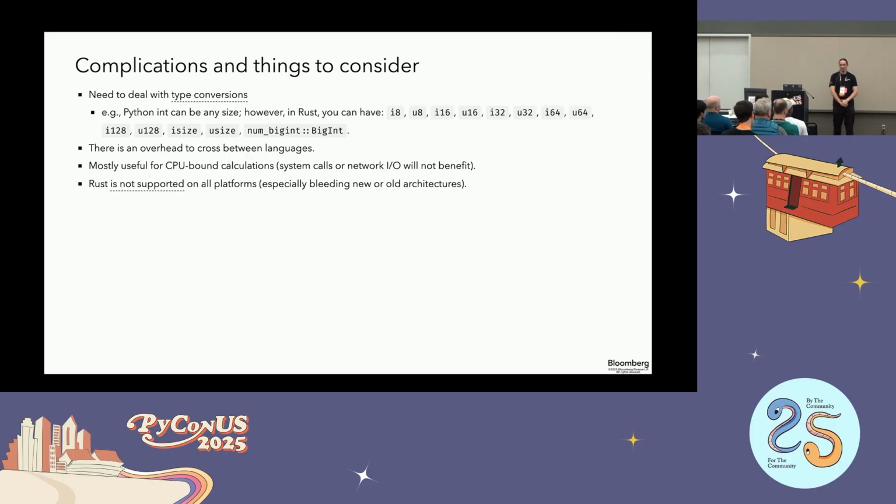Okay? Now another complication is that Rust is not supported on all platforms. Rust essentially uses the Clang compiler. So anywhere the Clang compiler will work, Rust will work. Anywhere the Clang compiler will not work, your Rust code will not work. Even though your Python code might work, Rust will say, no, thank you.